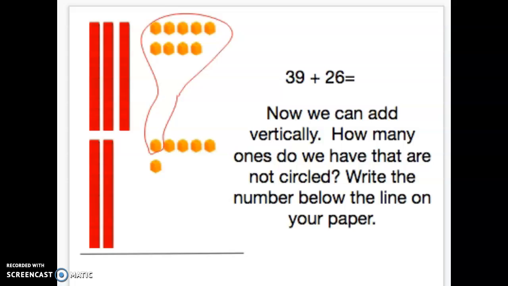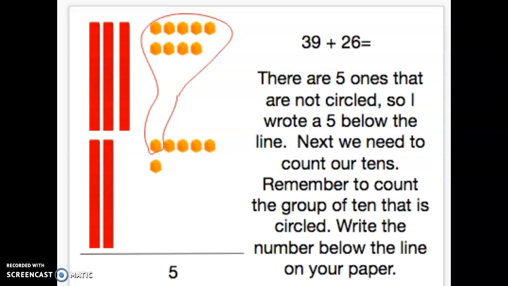Looking at my ones, how many ones do we have that are not circled? Write the number below the line on your paper. There are 5 ones that are not circled, so I wrote a 5 below the line.